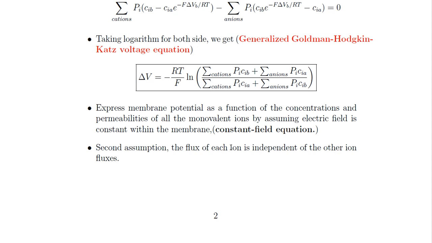Here we can calculate the voltage difference using this equation, meaning we just find the concentration of ion 1 in each compartment and so on. So we do the experiment and we can estimate the voltage.